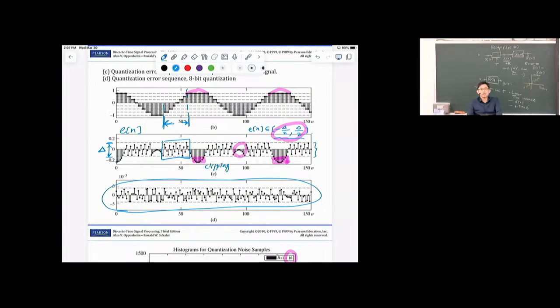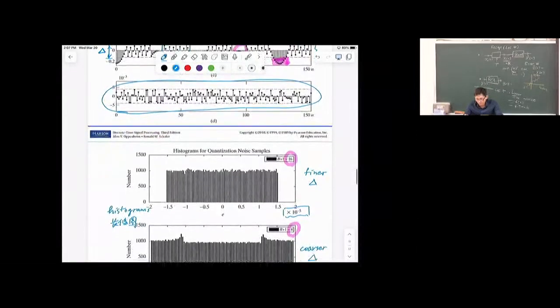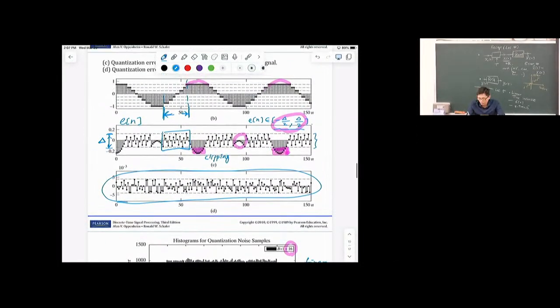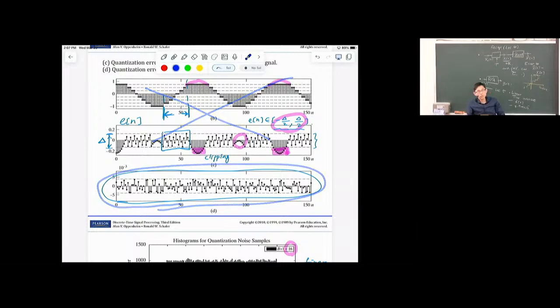Does it look like an instance of white noise? If I don't show you what the original signal is, by only looking at the error signal, would you conclude that this signal looks white? Why or why not?